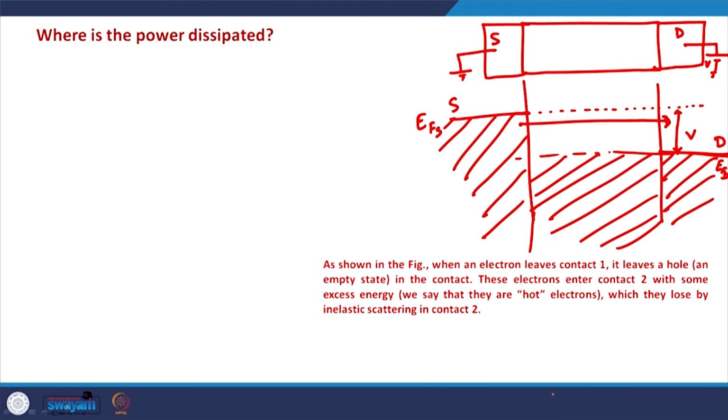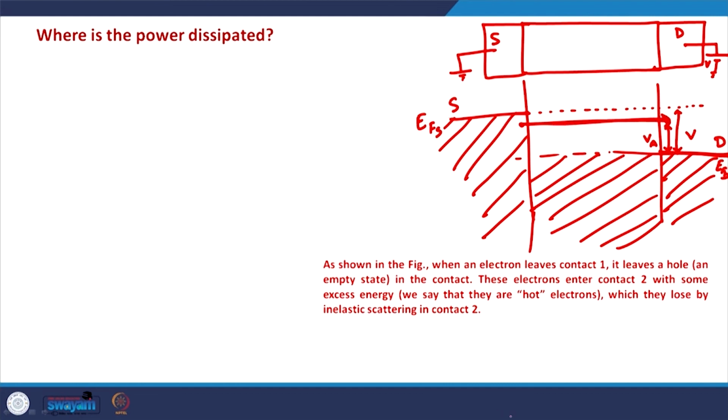And this is what is causing current, as we have discussed many times by now. So, if there is an electron that starts from the source side, let us say, and it directly goes to the drain side at the same level, and let us say this VA is the difference between the electron energy and the Fermi level.